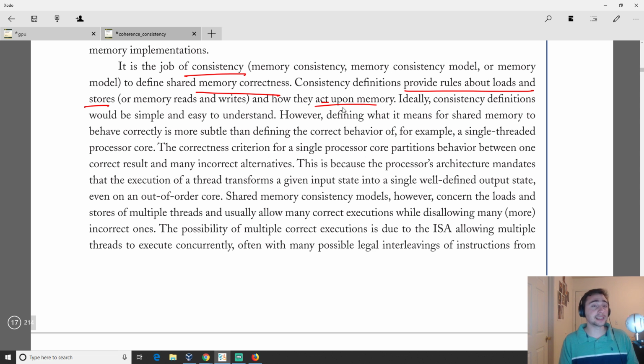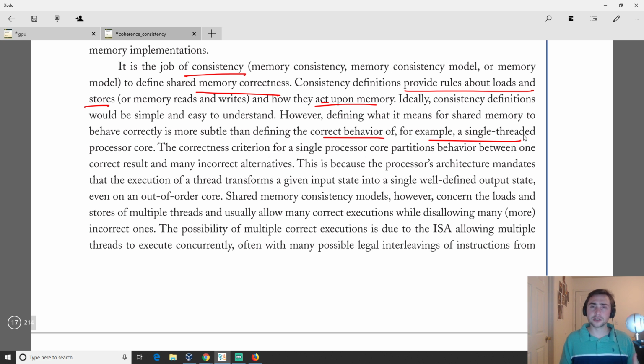So a consistency definition, ideally, would be simple and easy to understand. But defining what it means for shared memory to behave correctly is more subtle than defining the correct behavior of, for example, a single-threaded processor core. And this is for a fairly straightforward reason.